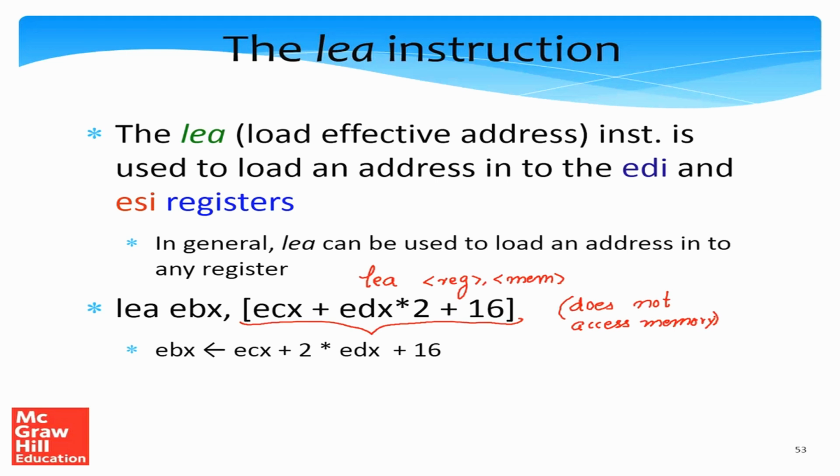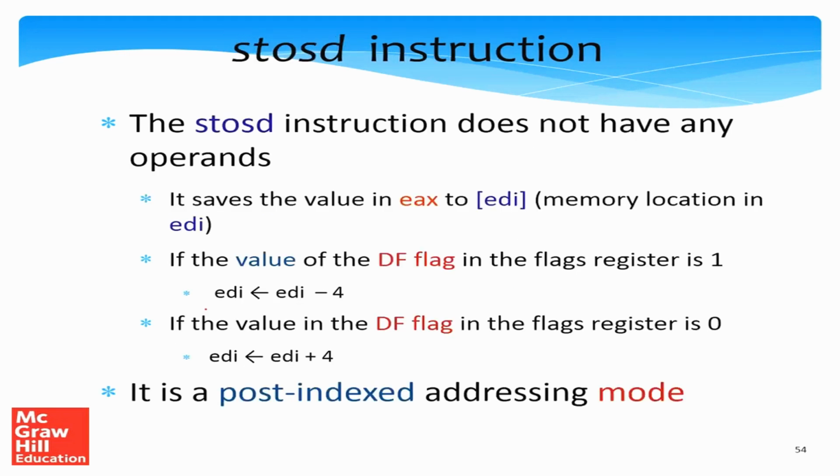What it does is that it considers the memory operand, computes the address, and transfers the value of the address to the destination register, which is EBX. It's called load effective address, but it should rather be called compute effective address. It just helps us compute the address.